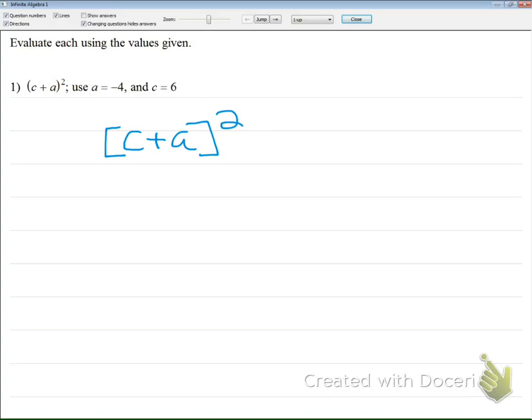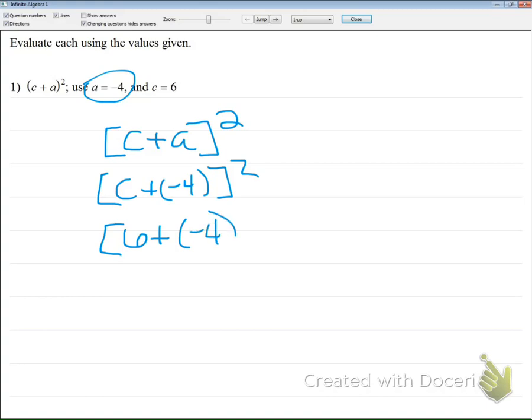So my negative variable is my A. Therefore, where the A goes, I'm going to make a set of parentheses and plug in that -4 there. Copying everything else down. And then the only variable I have left in my problem to plug back in is the C. And because it's positive, I'm just going to write it in as plus 6. I don't need to put it inside parentheses.